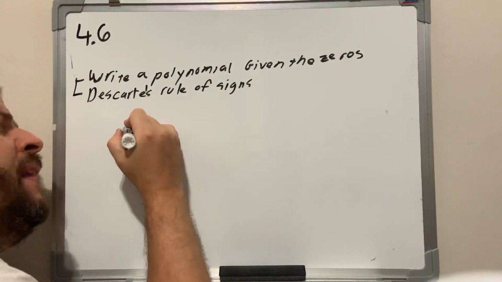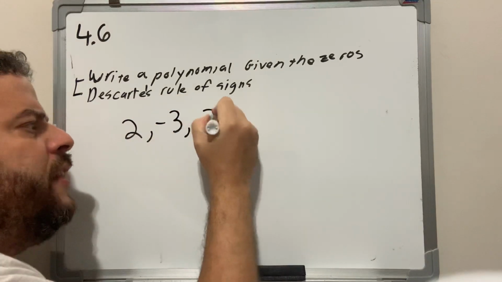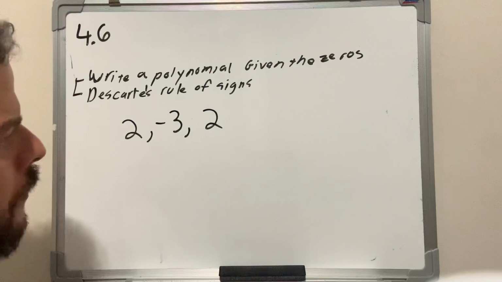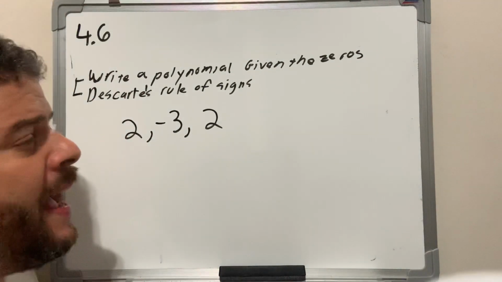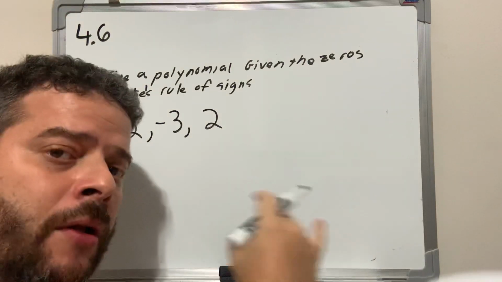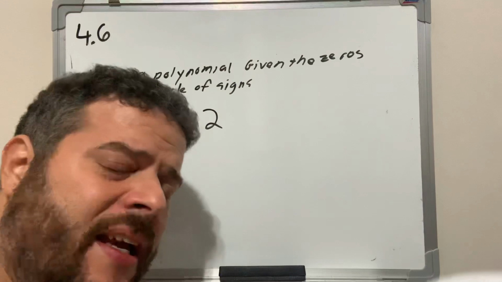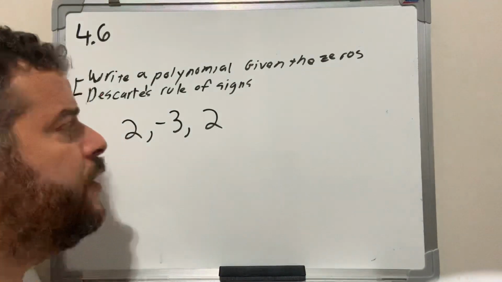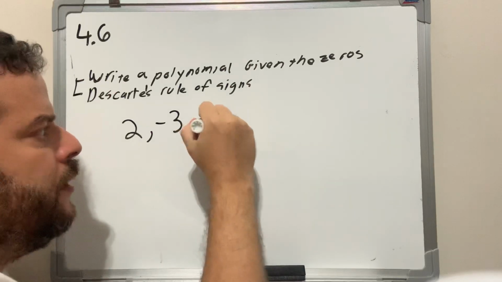Let's say they tell me that the zeros of a certain polynomial are these numbers, and I'm also told that the lead coefficient is 1, and I am asked to write the polynomial of least degree that includes these zeros. It is quite simple. Let's change this one just to make it a little bit better.